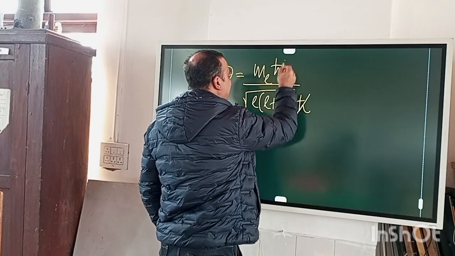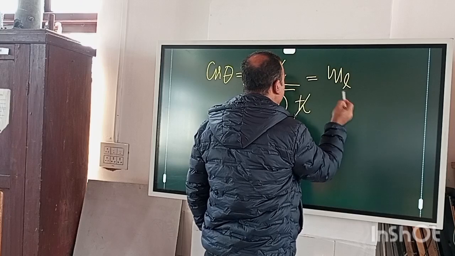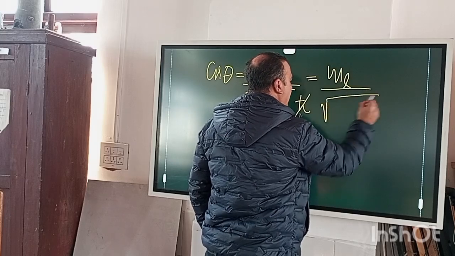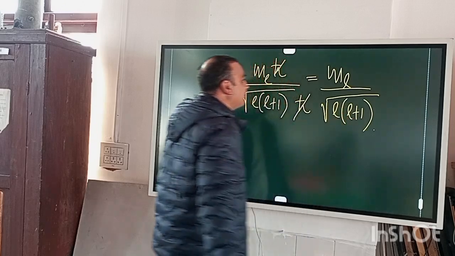The h bar cancels, and we have ml divided by the square root of l times (l plus 1).